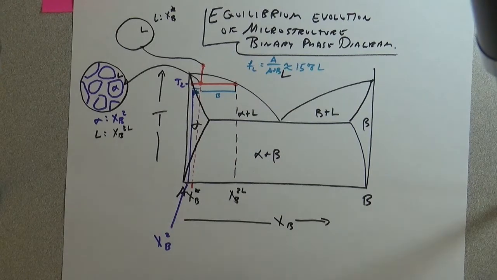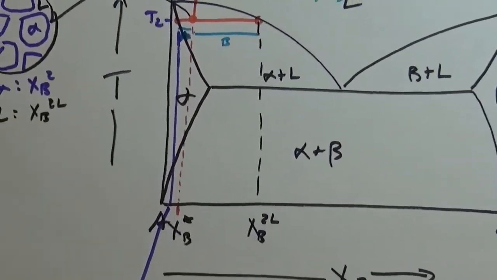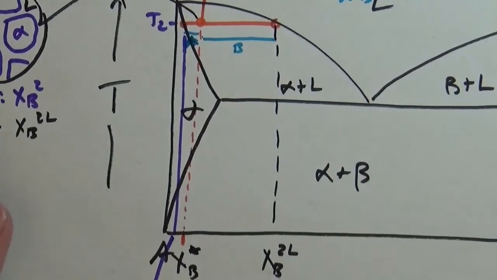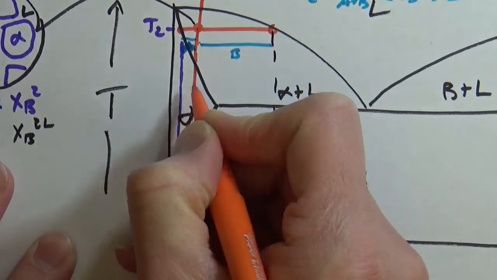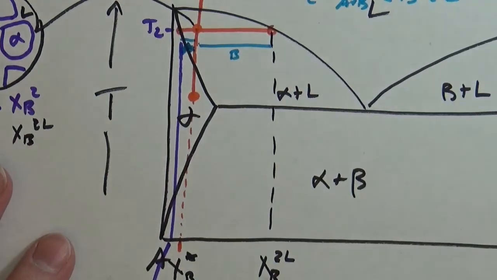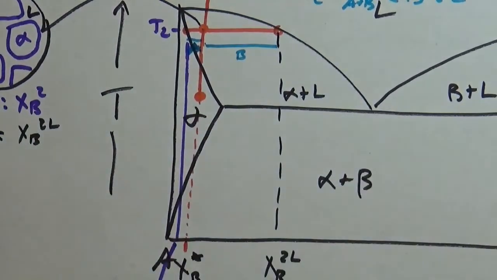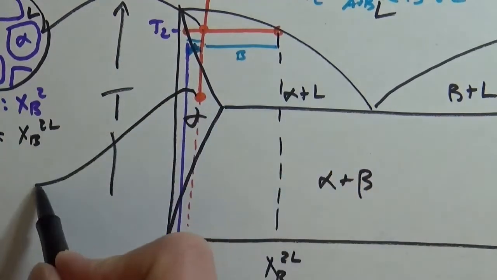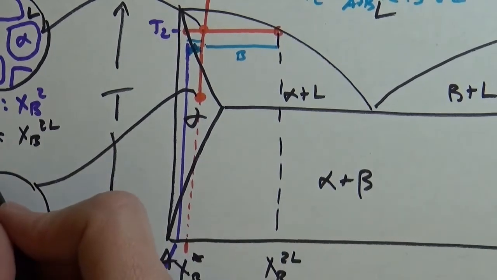So now let's keep, I'm going to zoom in here a little bit. So now let's continue cooling till we're in here. So now we're in the single phase region, it's all alpha, and that means we can draw our microstructure, and it looks like this.